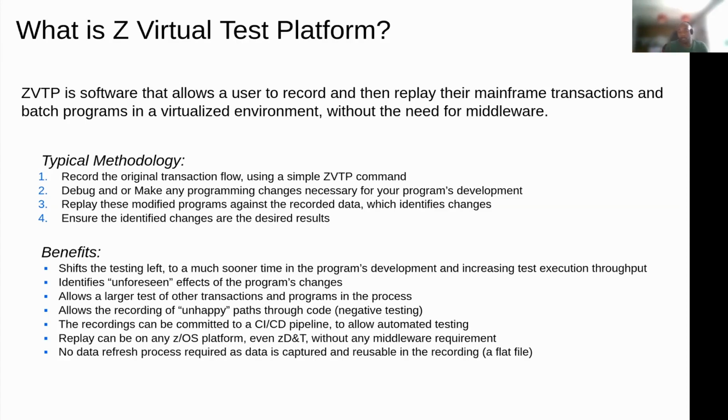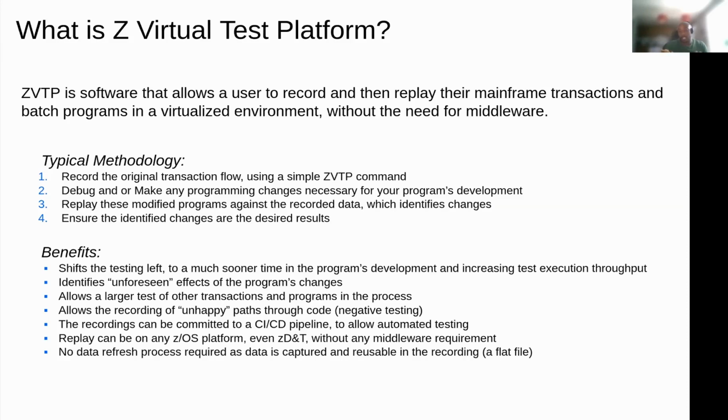The third one on the screen is it allows a larger test of other transactions and programs in the process. That's probably not the best way to describe that, but what that means is, even if you don't know the call hierarchy or the transaction conversation, those programs or transactions will be recorded and replayed.